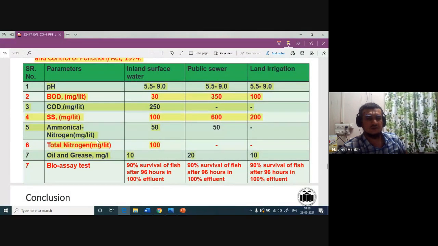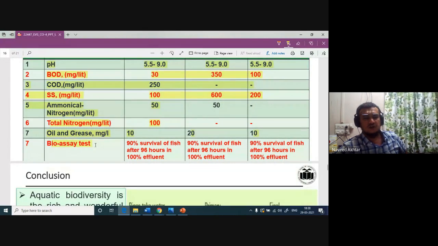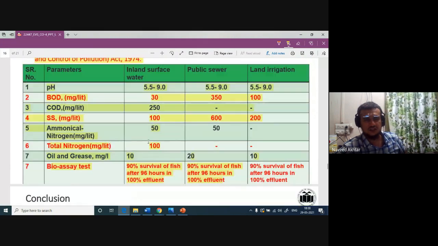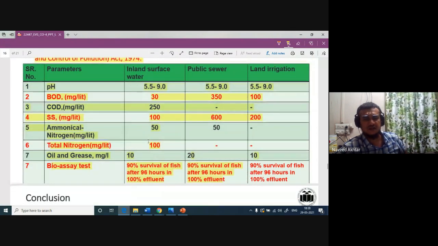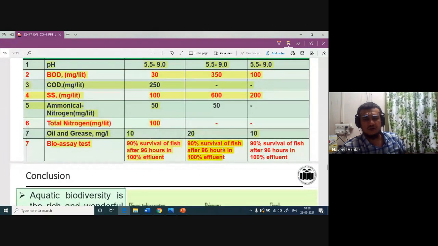Also the bioassay test: 90% survival of fish after 96 hours in 100% effluent. This criterion is common for all three: inland surface, public sewer, and land irrigation.